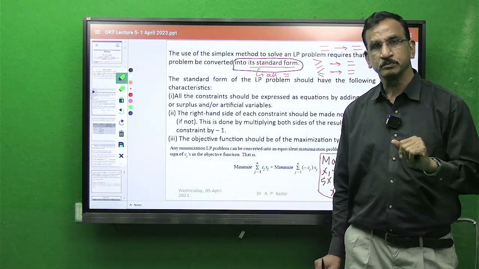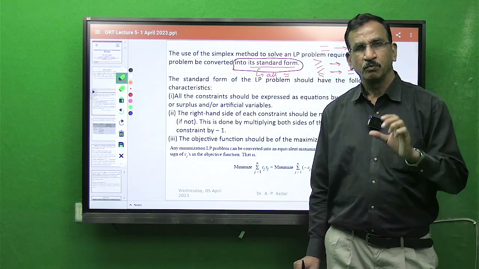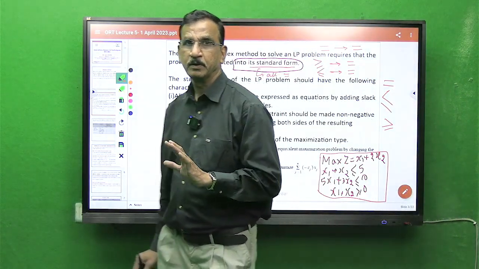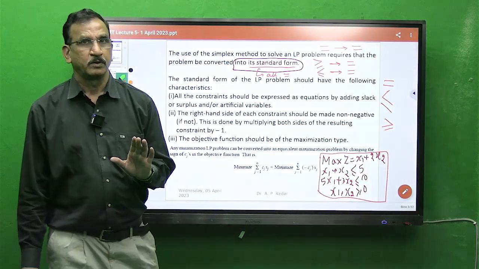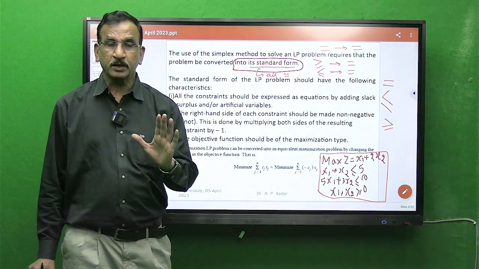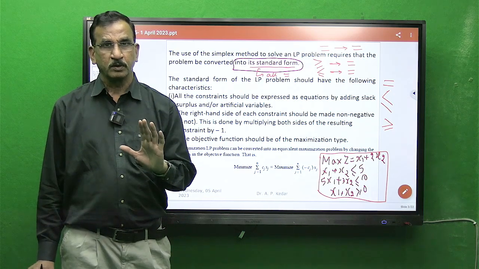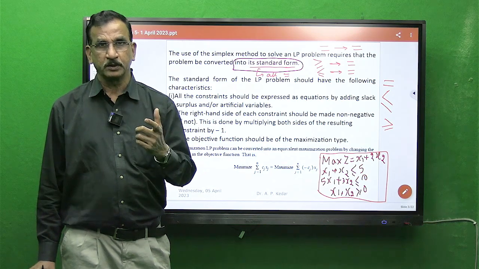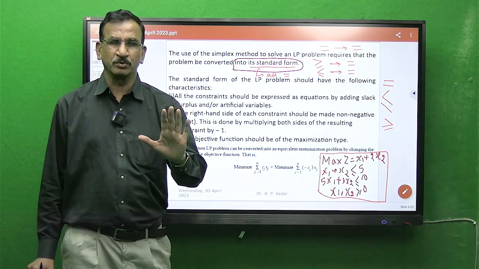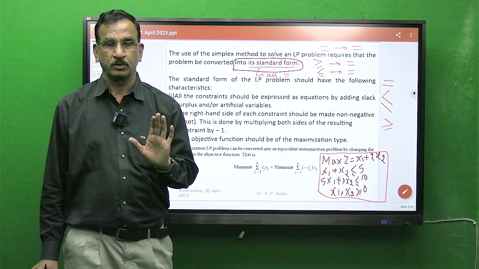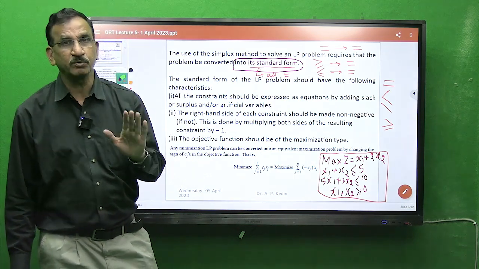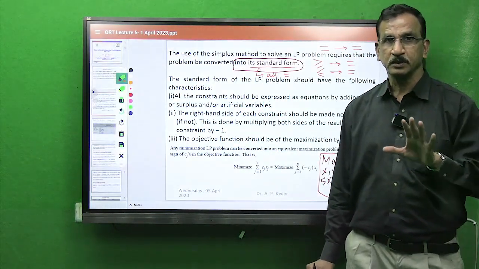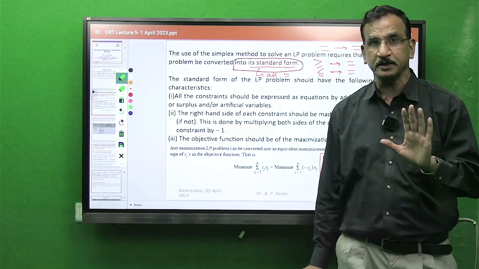Now assume, students, what worst can happen with that businessman? At the most, the quantity of units of products which he is assuming for production, say x1 and x2, at the most will be equal to 0. He cannot produce negative quantity of x1 and x2. This is very important, and therefore I am saying it is taking care of reality.